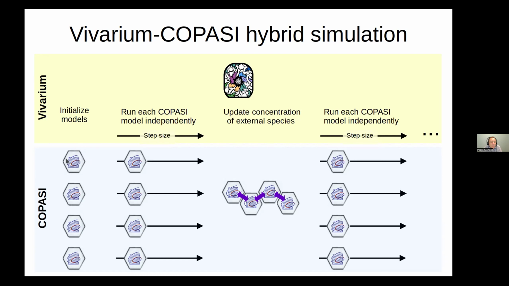And then Vivarium runs each one of the cells independently for a certain step size. And then we'll update all the concentrations across them. Vivarium does this at a certain time, which we can decide what that time is. And then they run again another step, for another certain amount of time independently. And then again, they get updated, and it continues going like this. So the only variable we're going to change here is the step size.